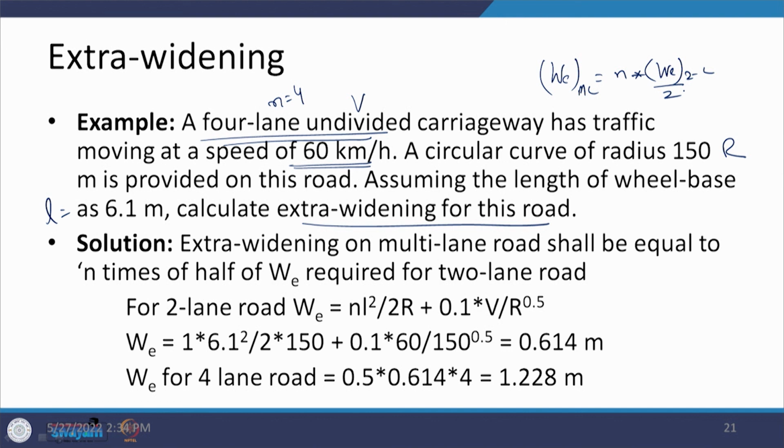So, we first calculate the extra widening for a 2-lane road, which is a composition of Wm and Wp, and when we put the input values here, we get 0.614 meters. So, for a 4-lane system, it is half of 0.614 multiplied by the number of lanes. So, 1.228 meters is the value which we are going to provide.